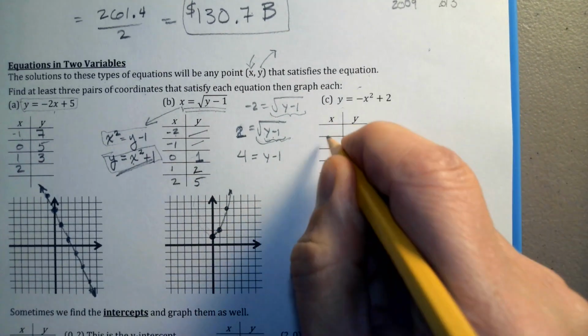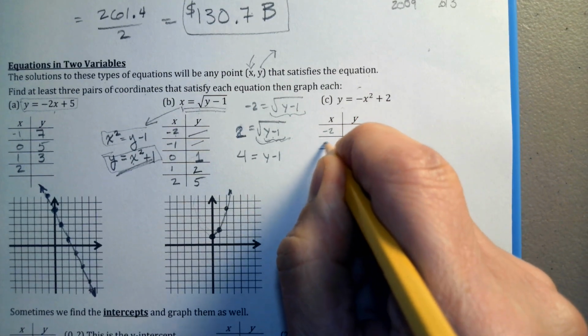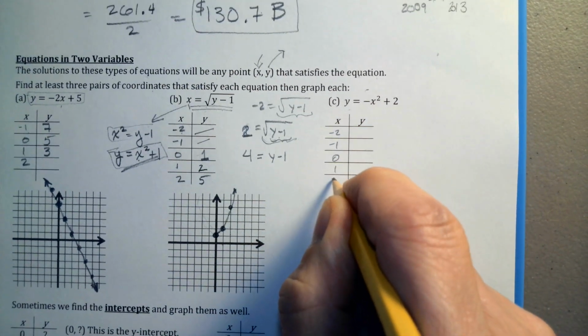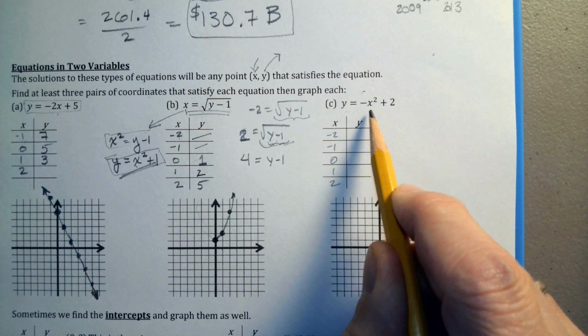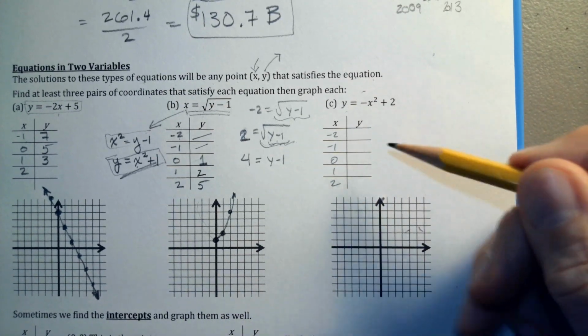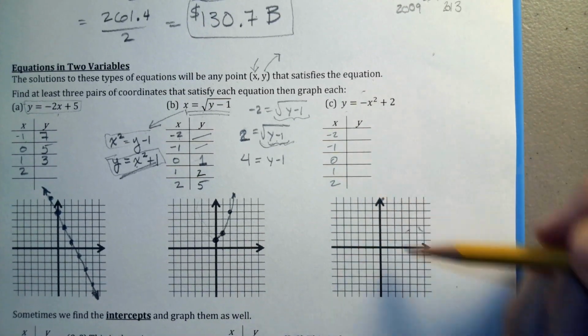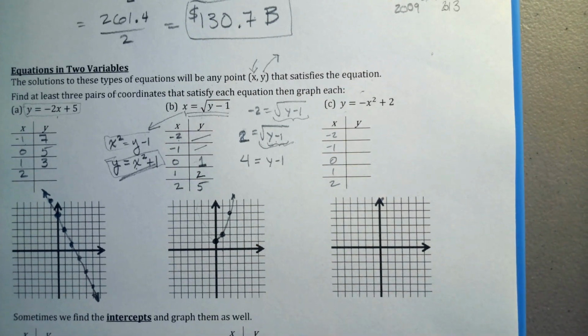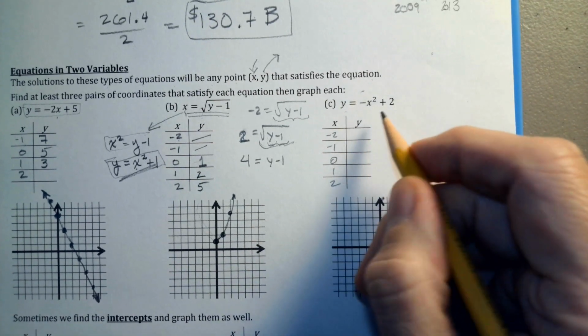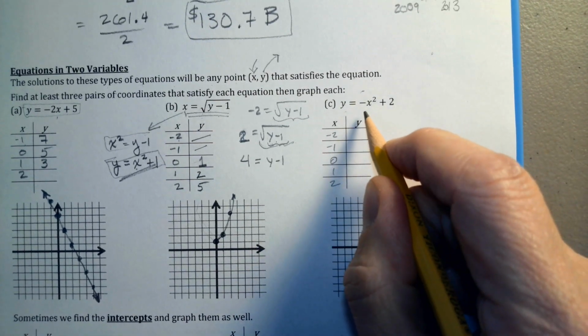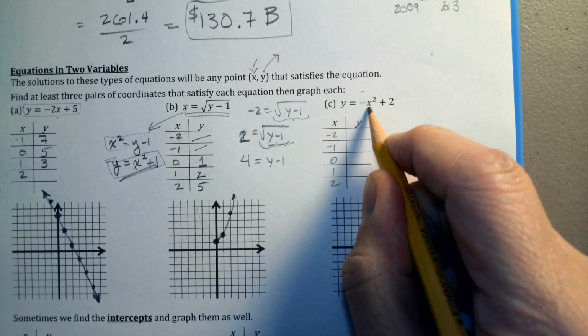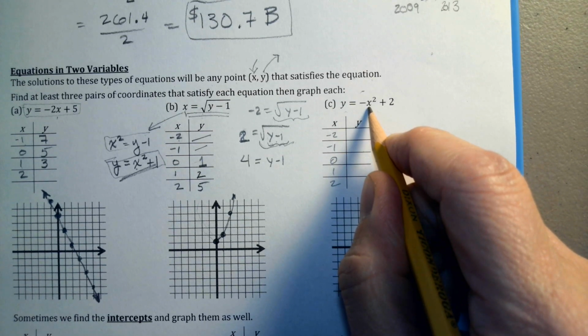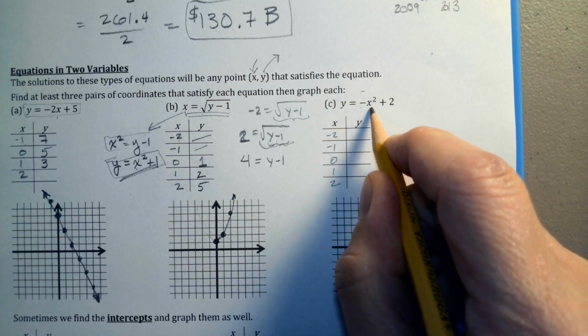So in this case, let's do -2, -1, 0, 1, and 2. And now x's can be negative. So pause the video and fill these in and plot your graph. Okay, so now with a -2 in here, -2 is squared, that's 4. And then it's -4 though.